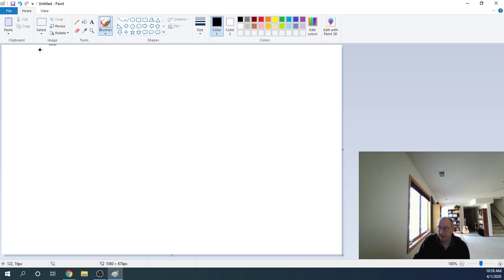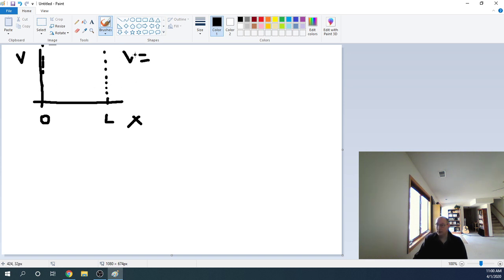So the particle in the box that we solved was this one, where the potential energy as a function of x looks like this. So at x equals L, V is equal to infinity, and at x equals 0, it goes up to infinity as well.